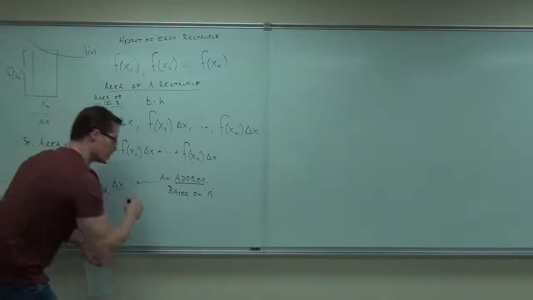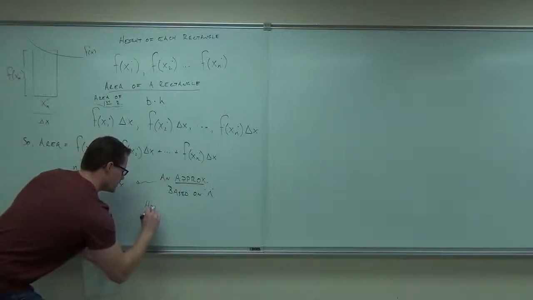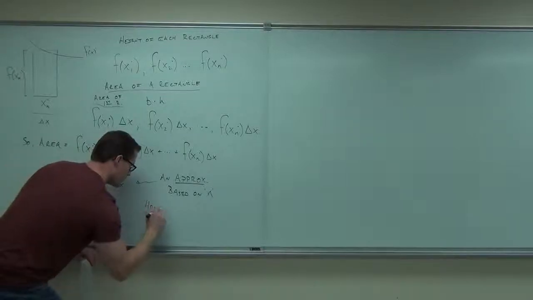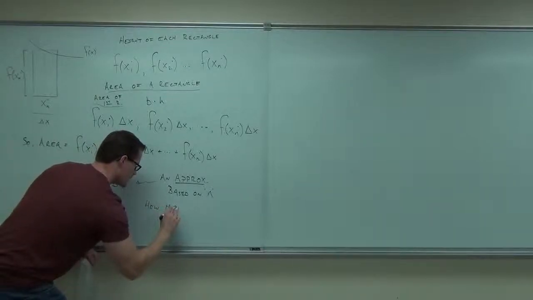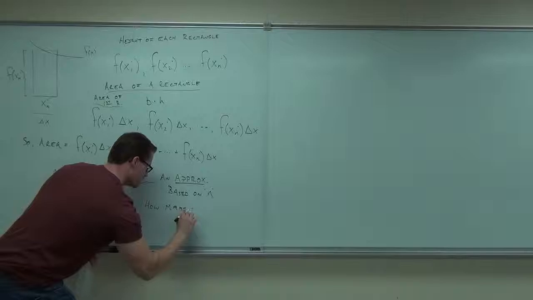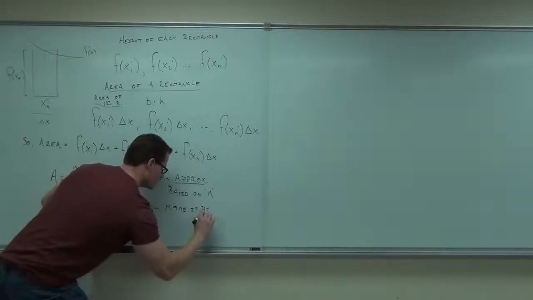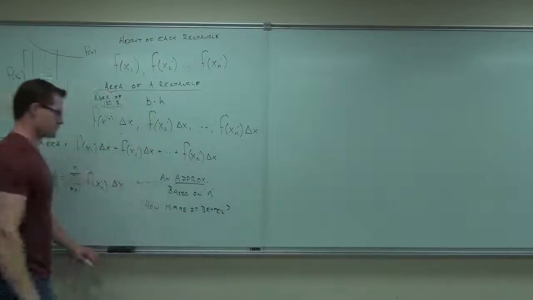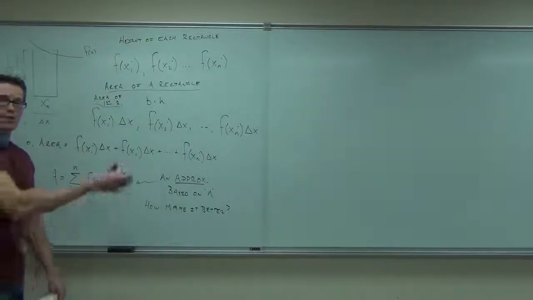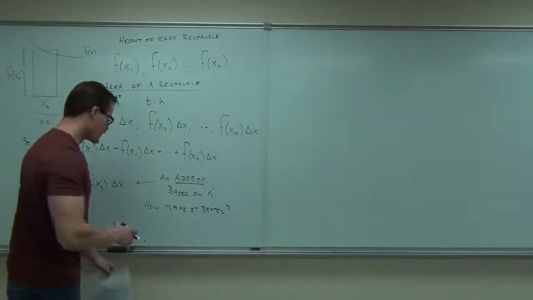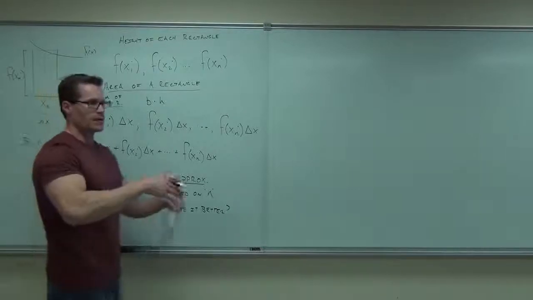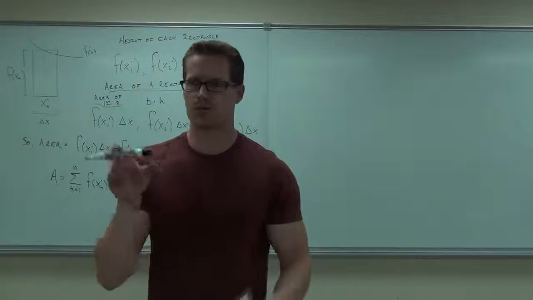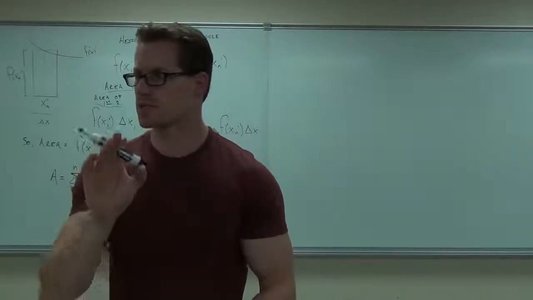So how do we make it better? I'm a math teacher, I really don't care. How do we make it better? Let n get bigger. Basically, let n get as big as you can. What that does is force more rectangles into a space.